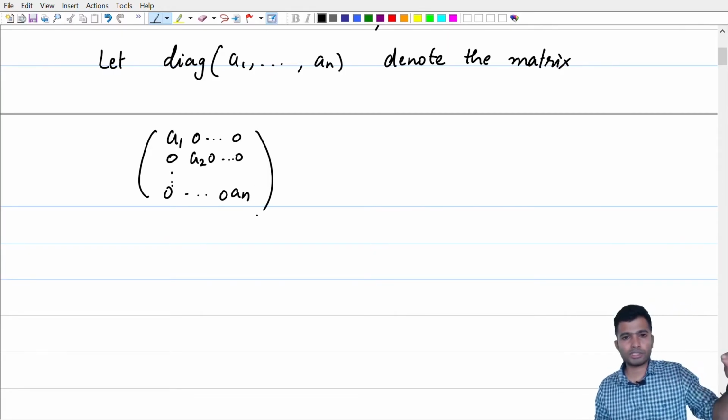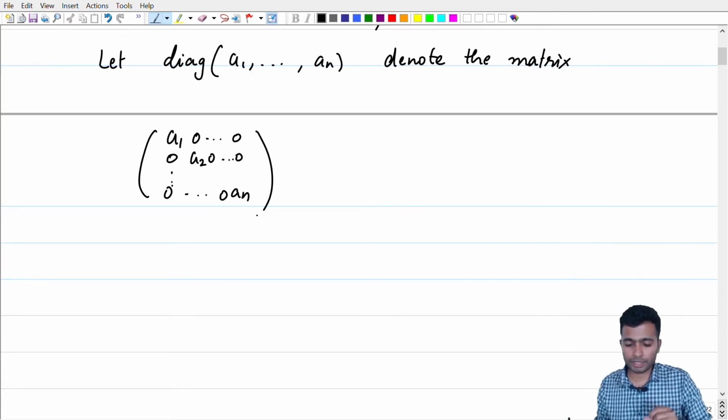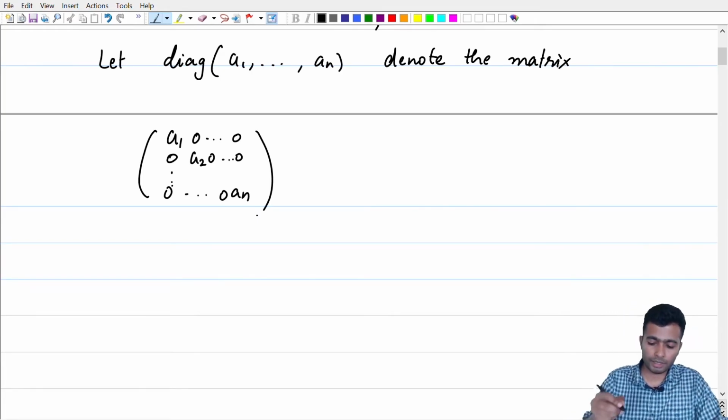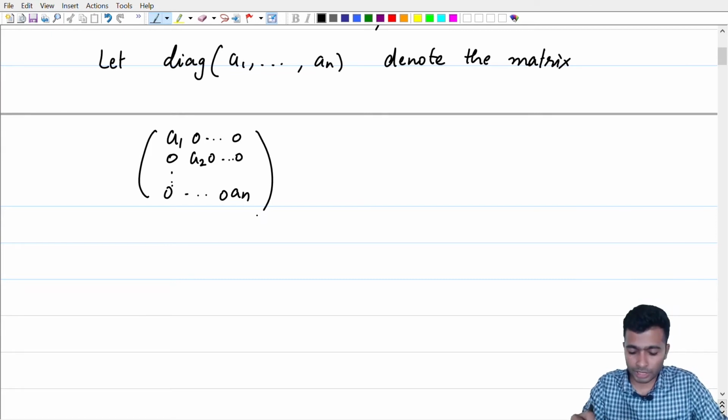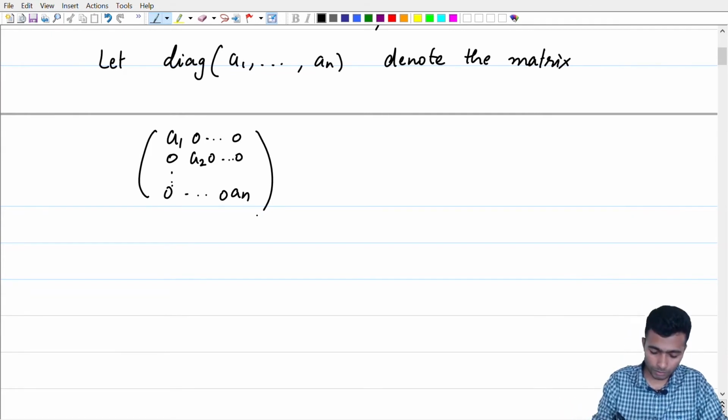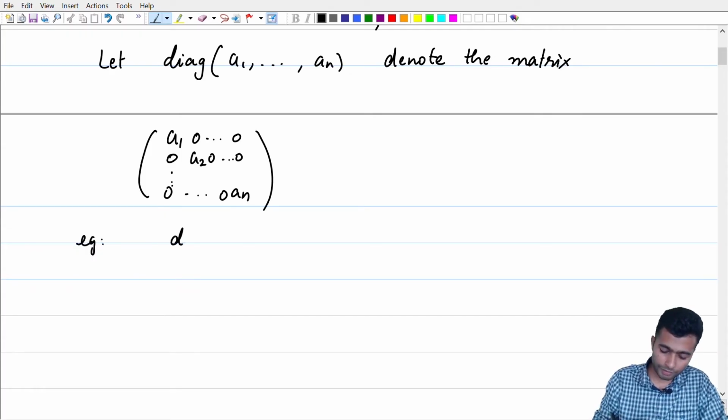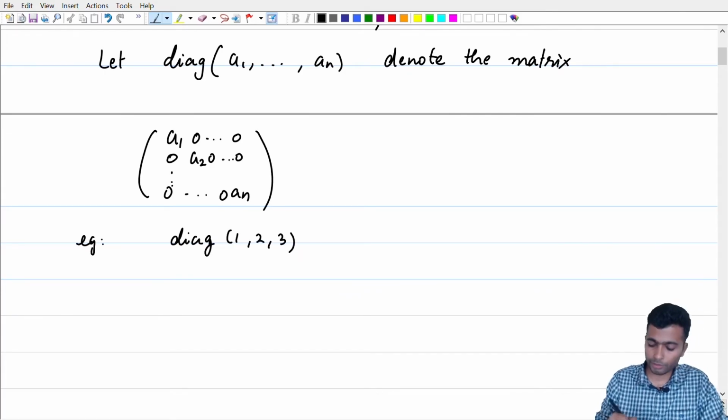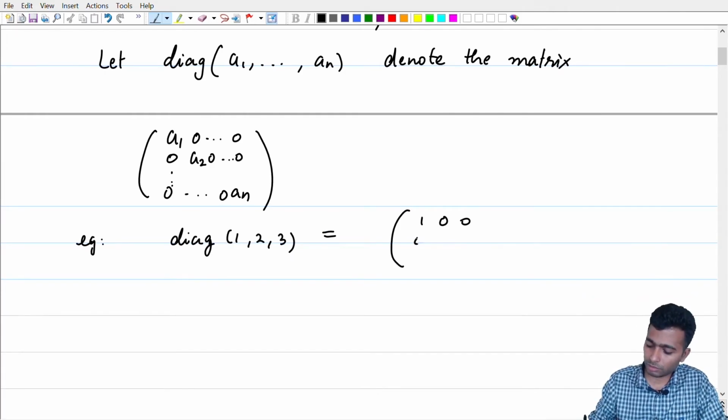So we can capture just the diagonal entries and abbreviate the expression as diag of a1 to an. So in particular, diag of 1, 2, 3 is going to be a 3 cross 3 matrix, which will be 1 0 0, 0 2 0, 0 0 3.